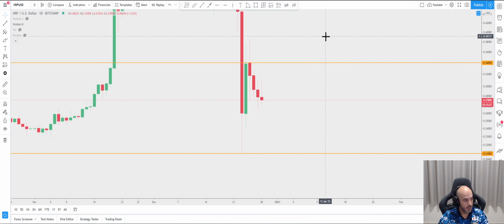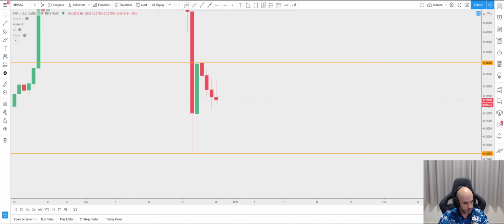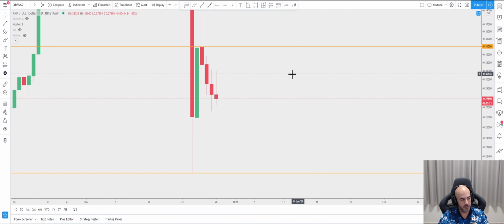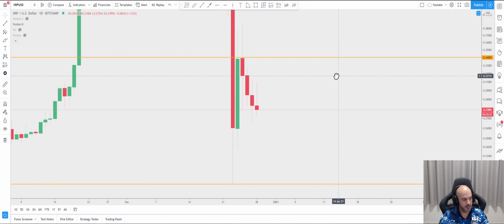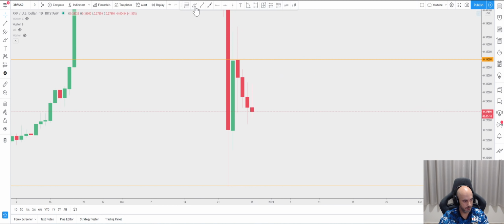But okay, pay close attention here. The golden lines are part of the tool that I developed months ago. And look how price has been rejected from the 34 cents range.